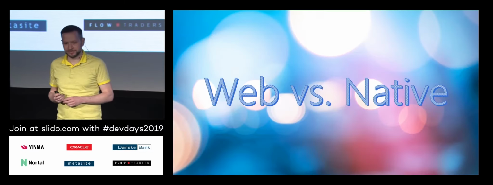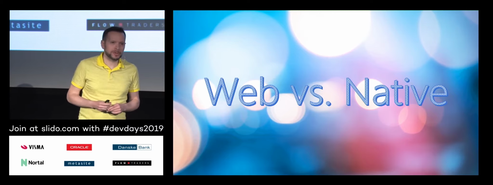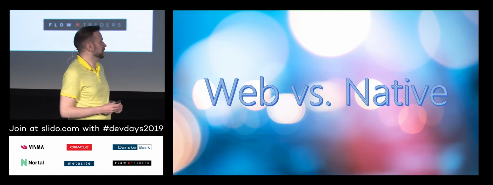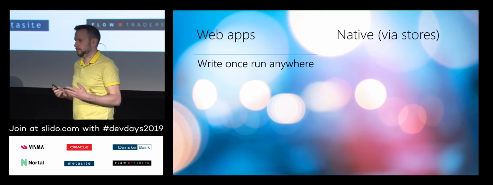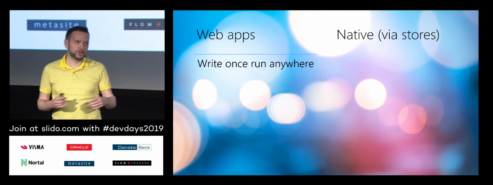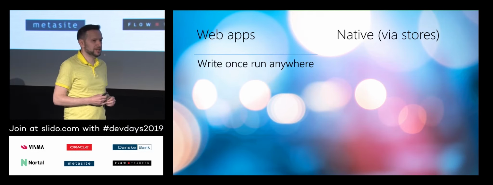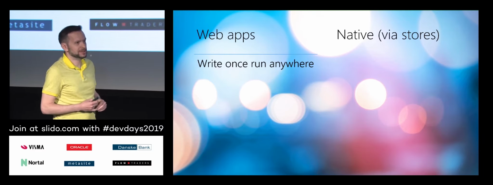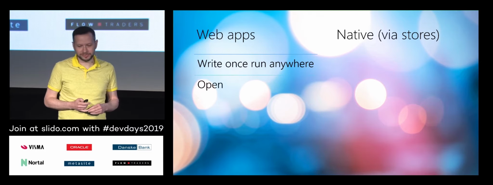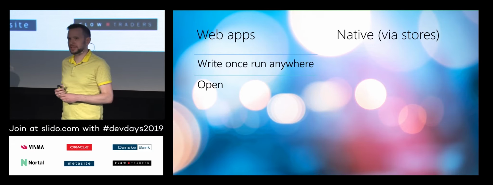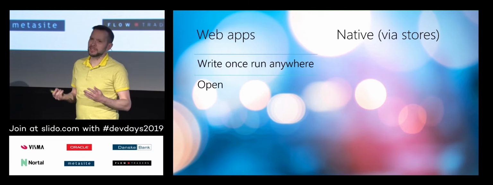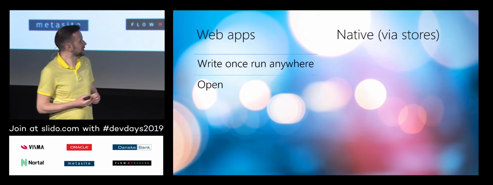So let's begin. Web versus native is a decades-long flame war. On one hand, on the web, we can truly write once and run anywhere. Everything we do on the web runs on most of the devices we have. The web is truly open, no one owns it. You can publish whatever you want, even if it's not really legal.